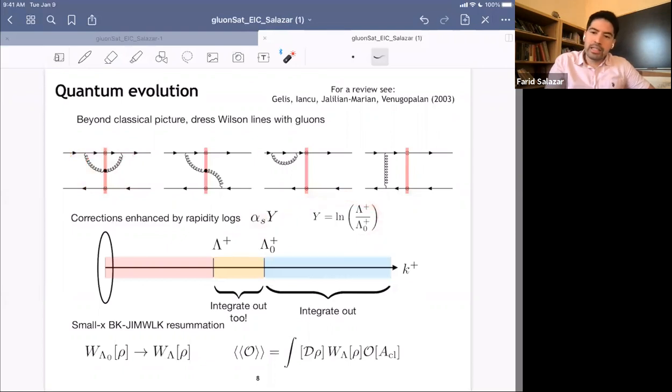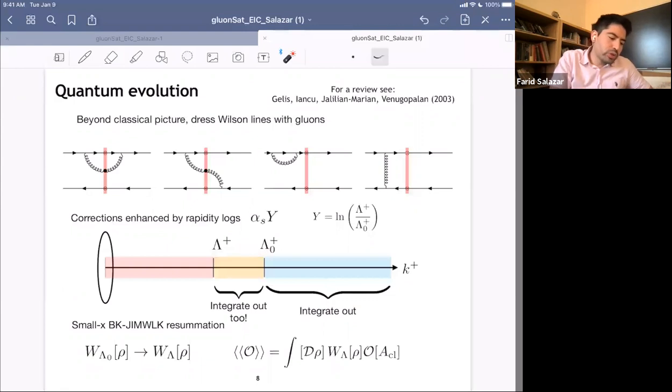And that enhancement depends on what you set your scale to be, the scale at which you are looking at the physics. So if you look at the physics at some very small scale, you have to renormalize this.